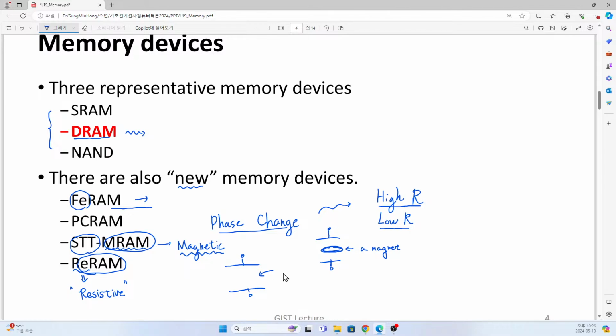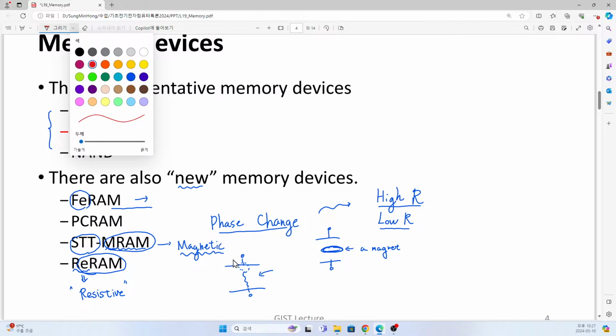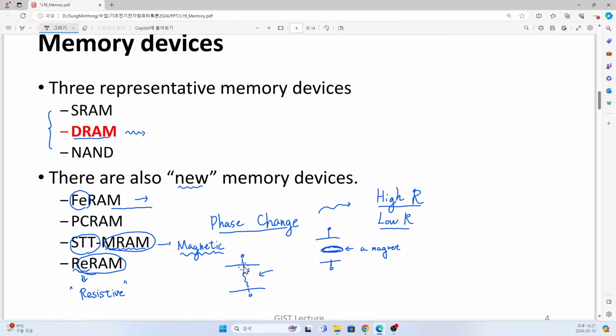Of course, there are many different mechanisms. However, for example, we can make a certain current conduction path between these two contacts or terminals. After that, if there exists a current conduction path, then it will show low resistance.